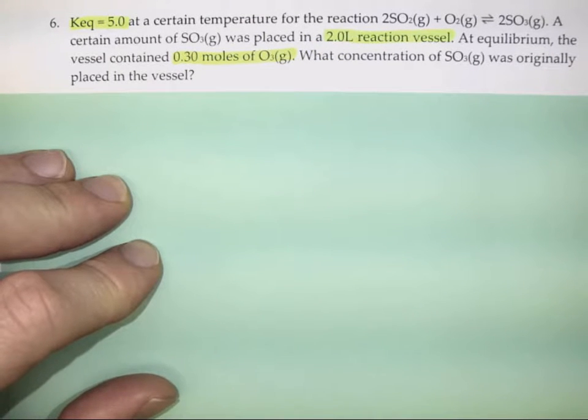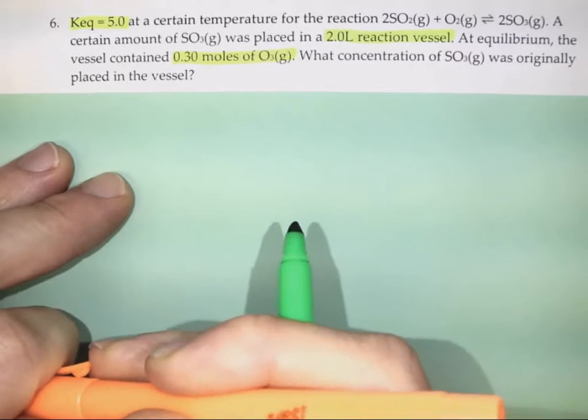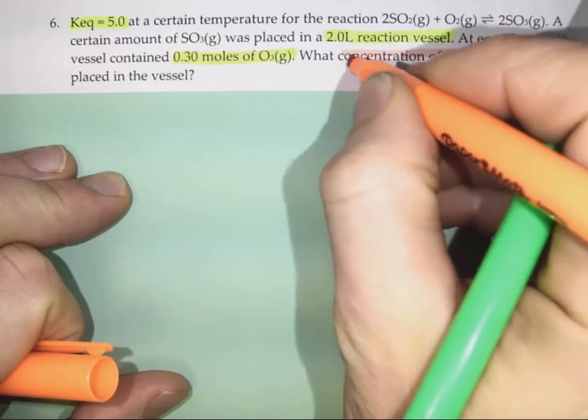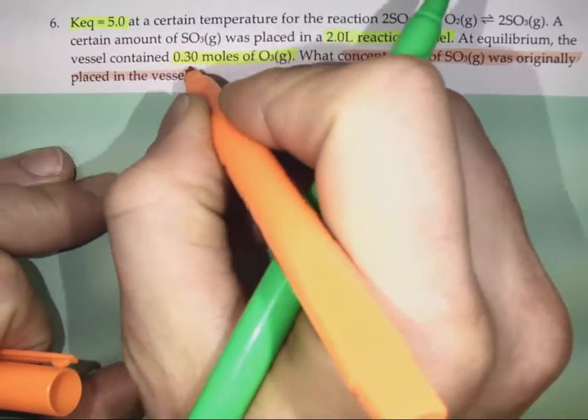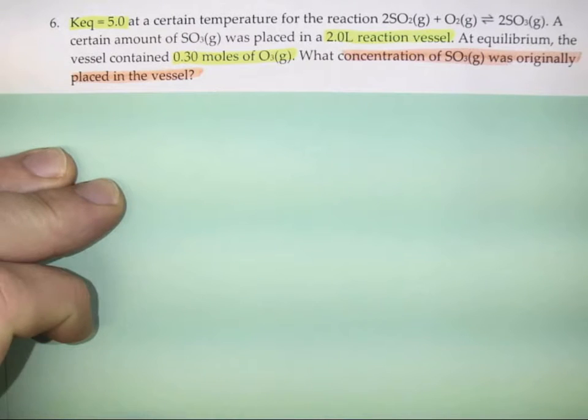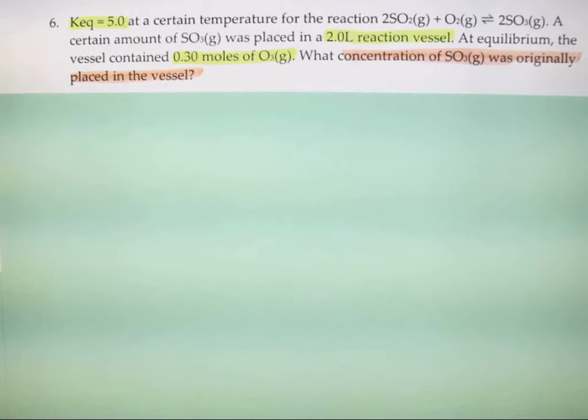And the question is, what concentration of sulfur trioxide was originally placed in the vessel? Okay. That sounds a little tricky, so let's see what we can do. We're going to start with the rice box, then we'll go to a KEQ, and then we'll see if we can penetrate this question any deeper than we already are.